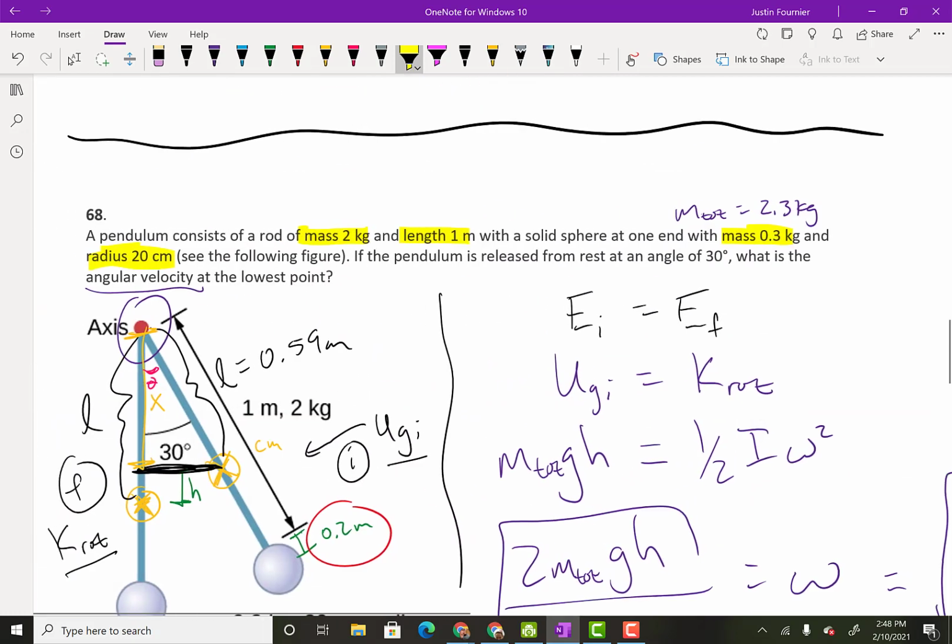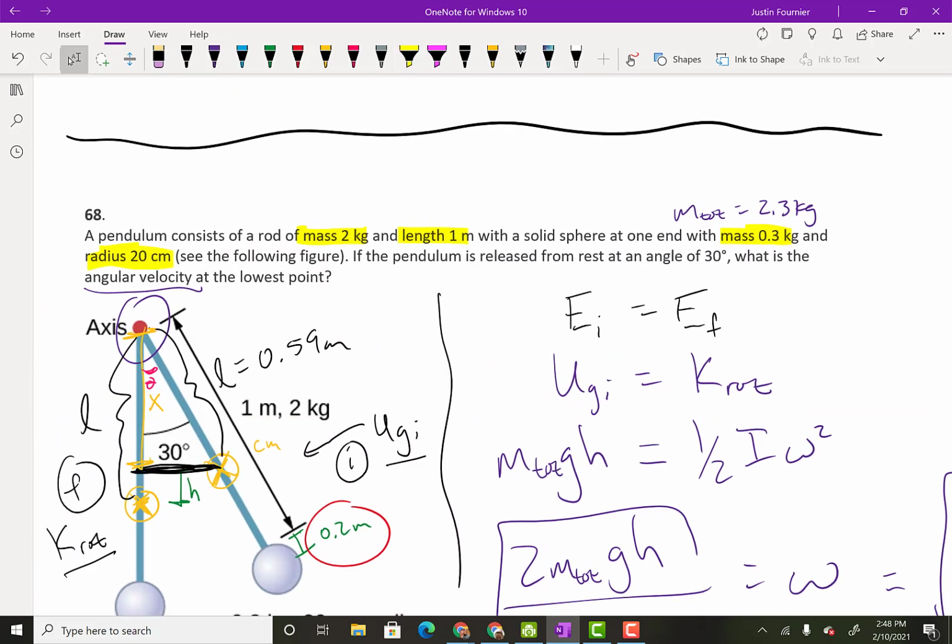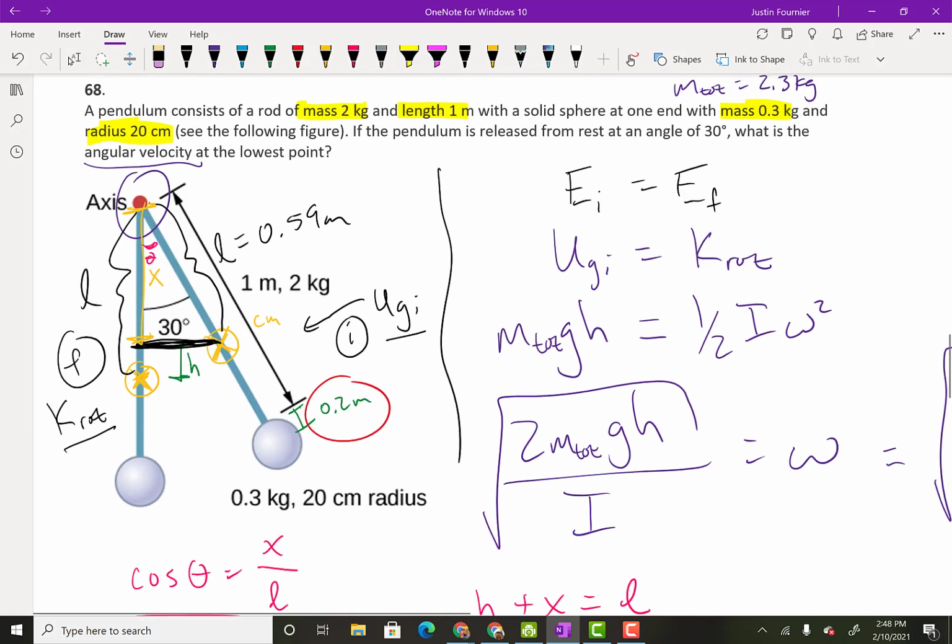So definitely, this is a tough problem. Using energy is definitely the right idea. But because the mass of the rod is as significant as this much mass, we can't just ignore the rod and consider this an ideal pendulum.